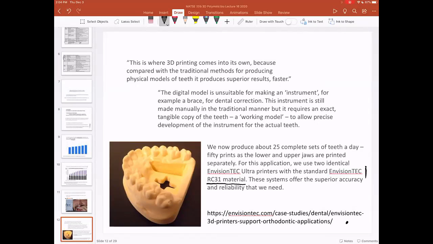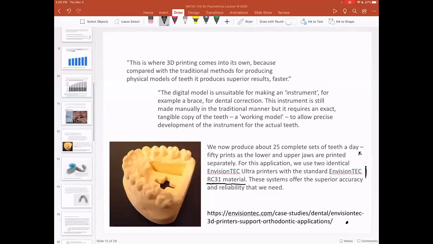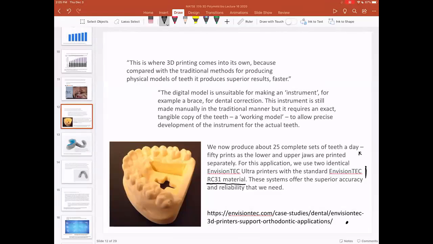And so now they're printing these teeth based on making digital models for making braces or dental correction or something like that. So there's a lot of interesting applications in dentistry, even so far as making a model of someone's mouth in order to build the appliance.